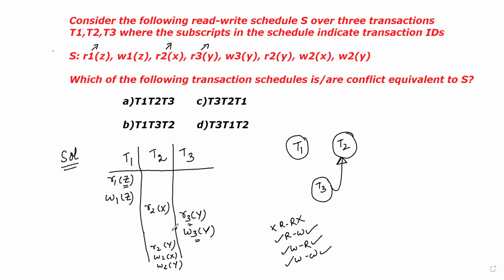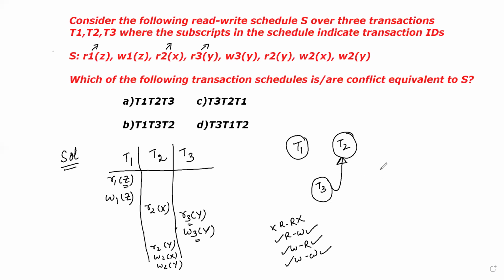Now how do we decide which schedules are equivalent to S? Remember one important point. The options are T1, T2, T3; T1, T3, T2; T3, T2, T1; and T3, T1, T2.